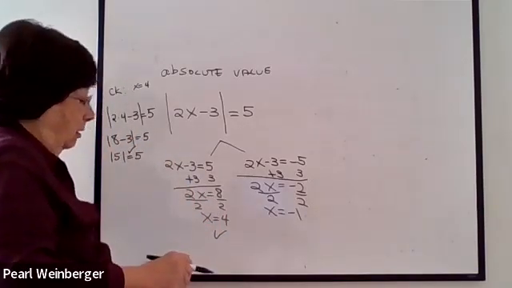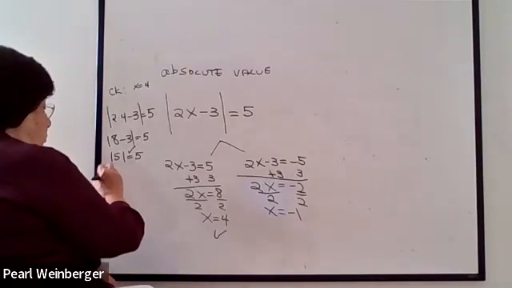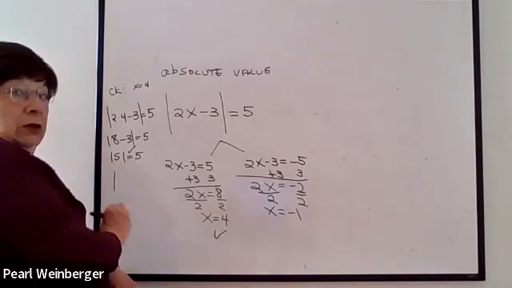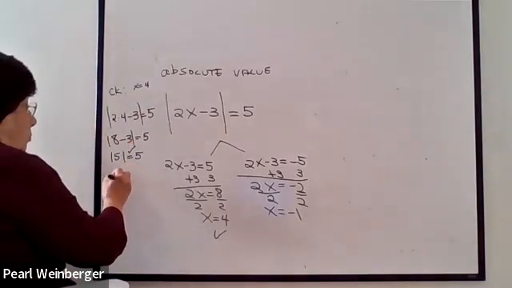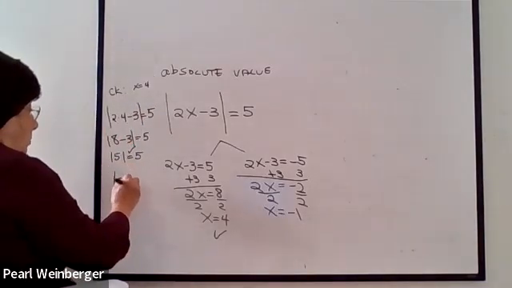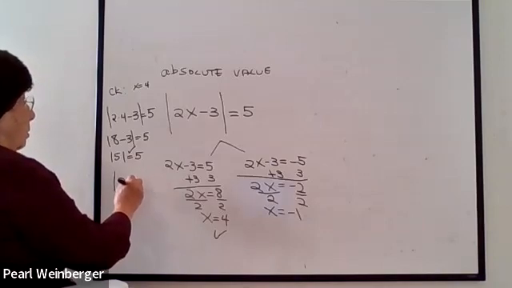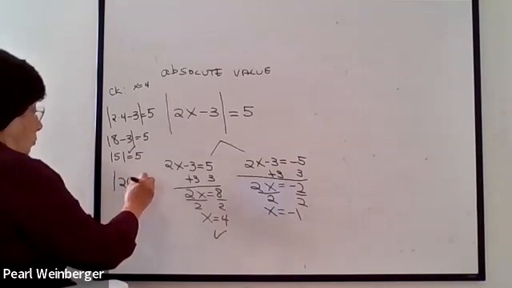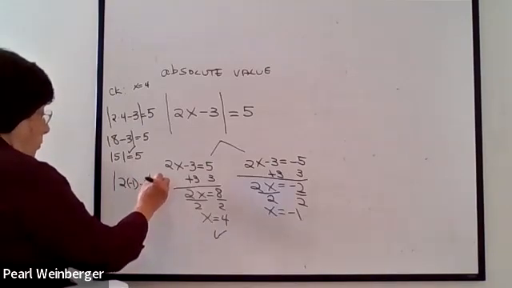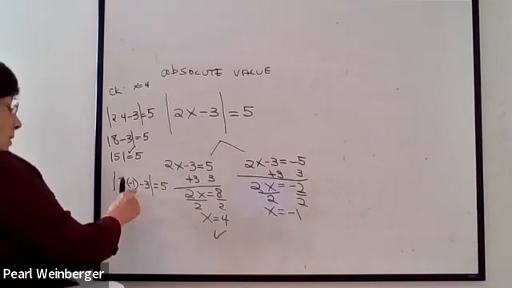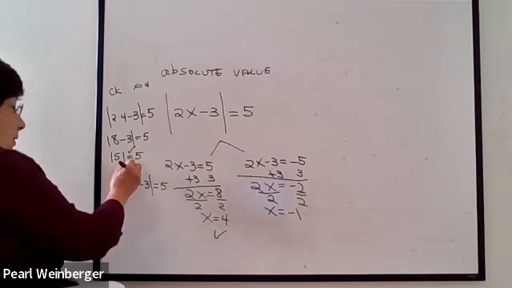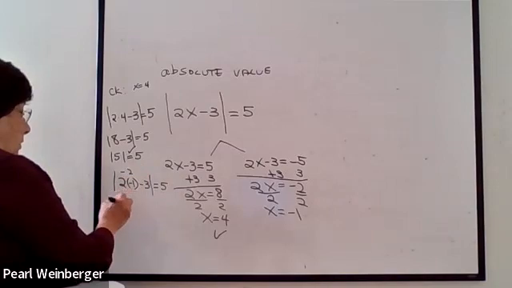What about negative 1? Let's do the same thing with negative 1. We're going to do the absolute value of 2 times negative 1 minus 3 equals 5. Now 2 times negative 1 is negative 2. And negative 2 minus 3 is negative 5.